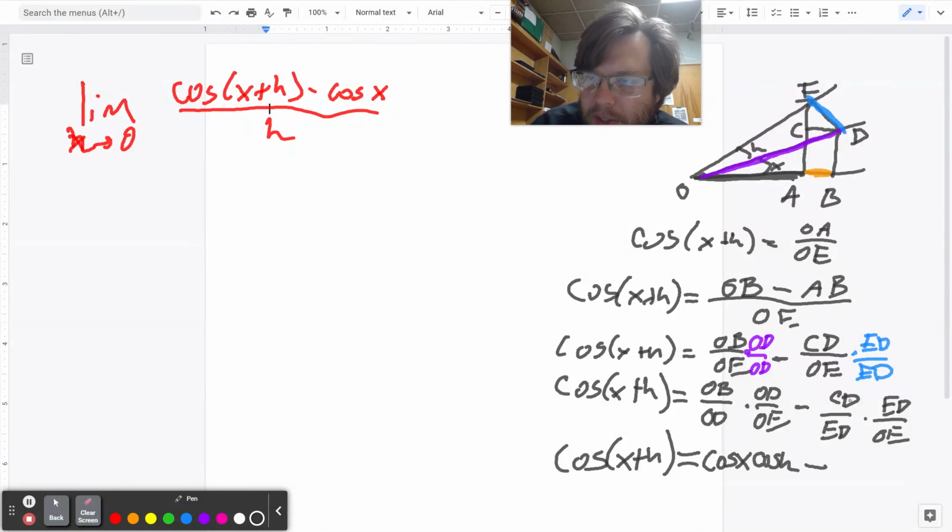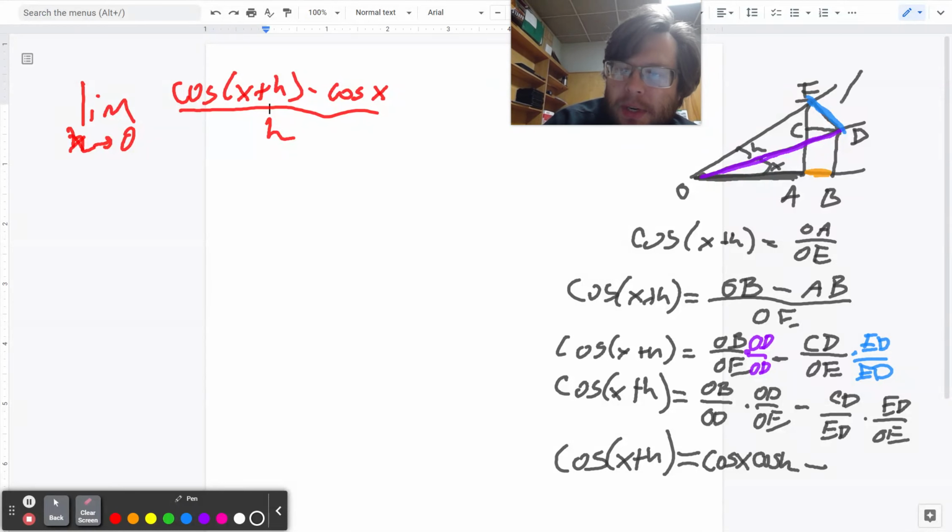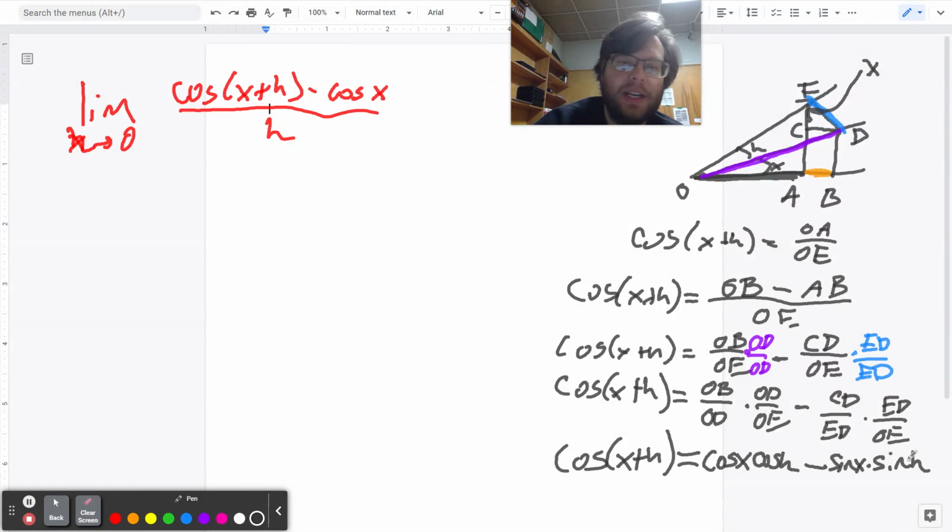CD is opposite of angle x. Remember, I showed this in a little more detail in the last video, but this turns out to also be angle x. So CD is opposite, and ED is the hypotenuse for that little triangle. So we have sine of x. ED over OE: ED is opposite of angle h, and OE is the hypotenuse. So we have sine of h. So we have our identity.